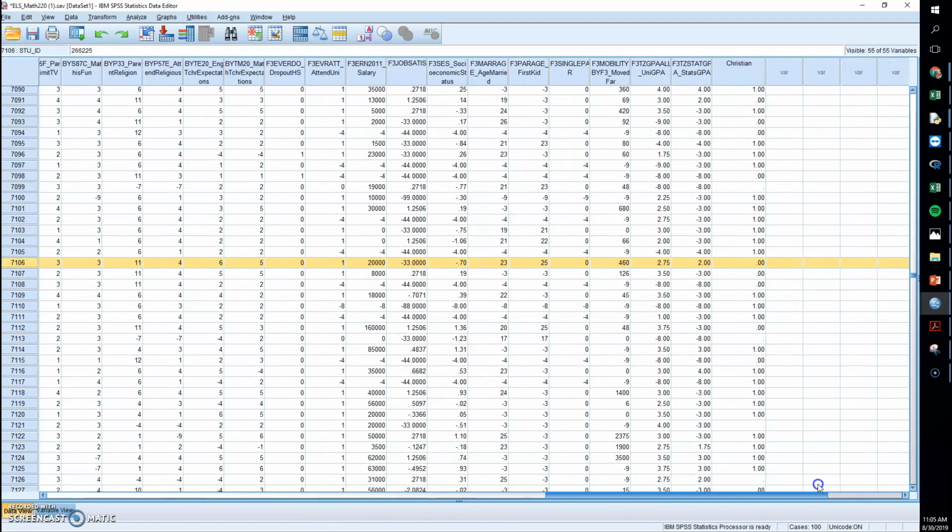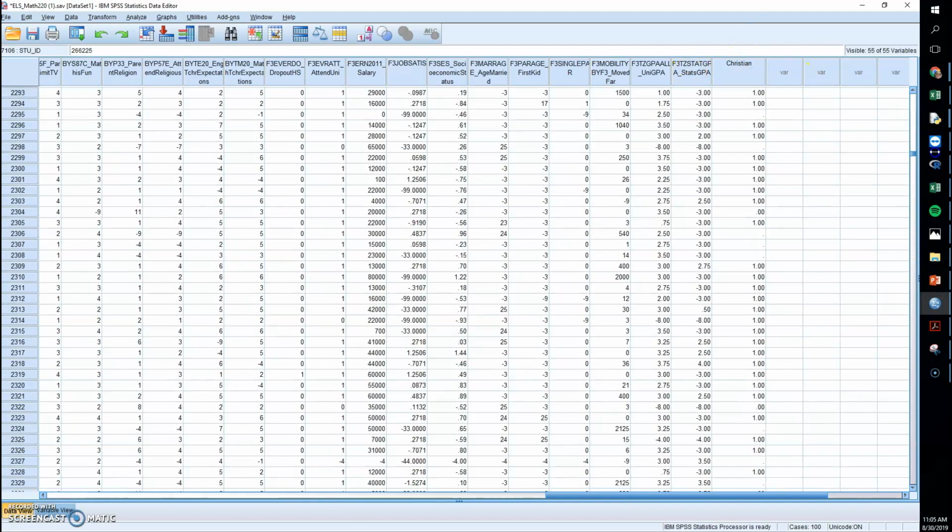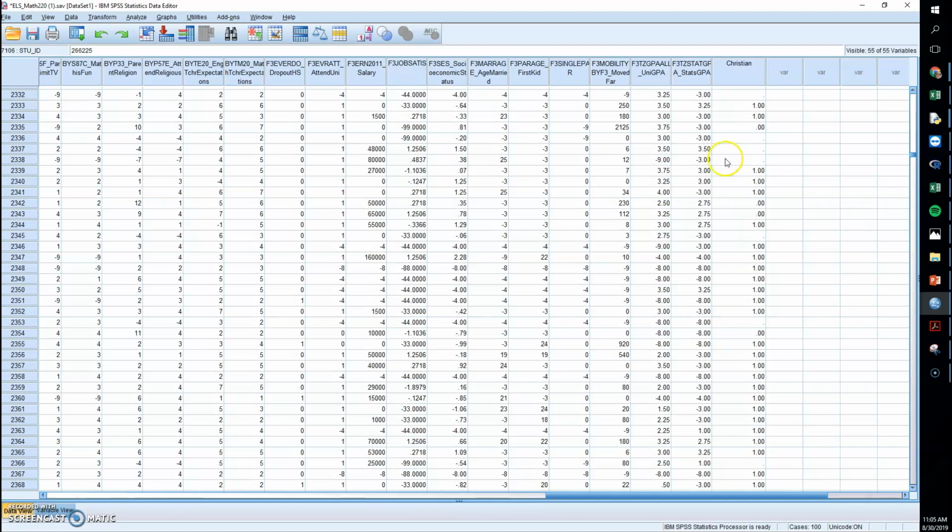We do want to make sure that the student we choose, or the participant we choose, does have data on our two variables. So for me, that's statistics GPA and persistence. You can flip through there a little bit and just choose someone that does have data.